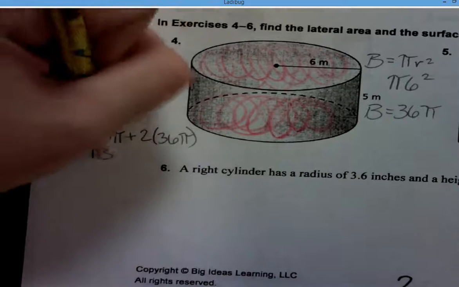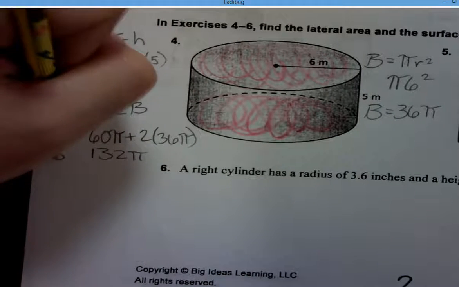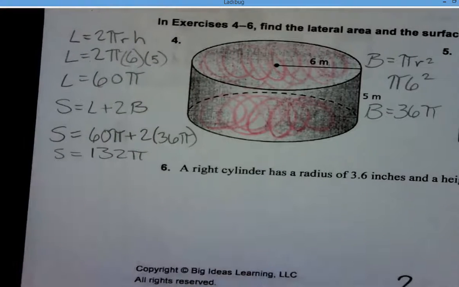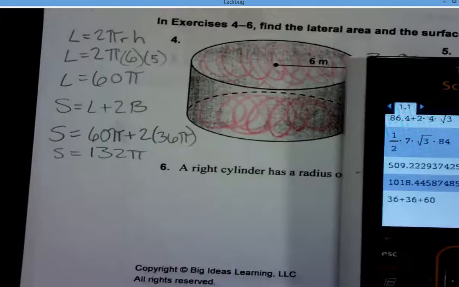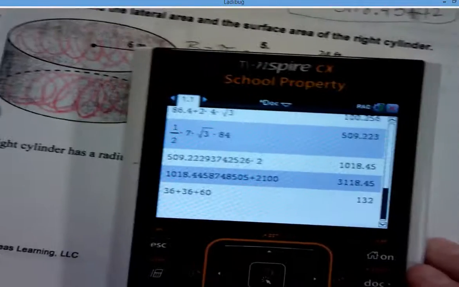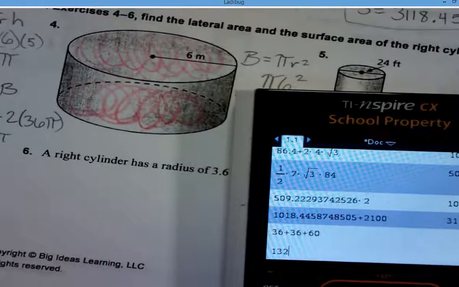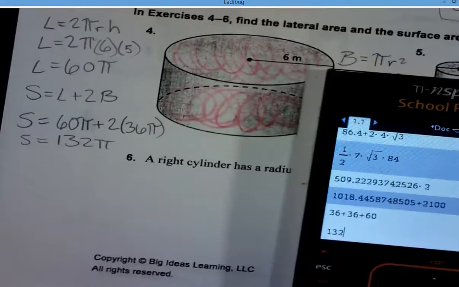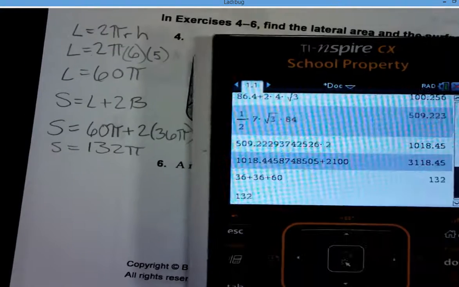All right, 132 pi is our surface area. If it asks for it in terms of pi, you'd be done. If it asks for it in decimal form, you have to put it in the calculator.